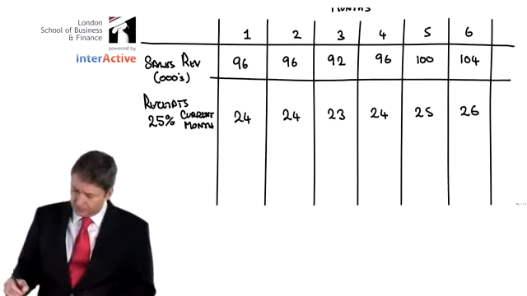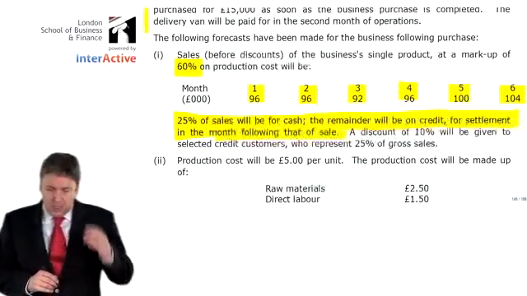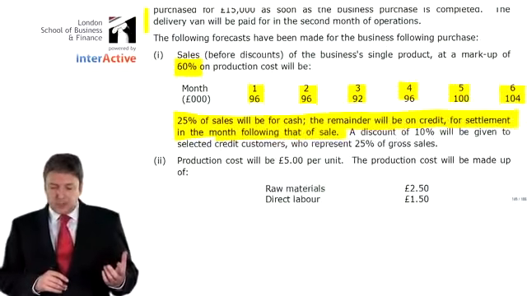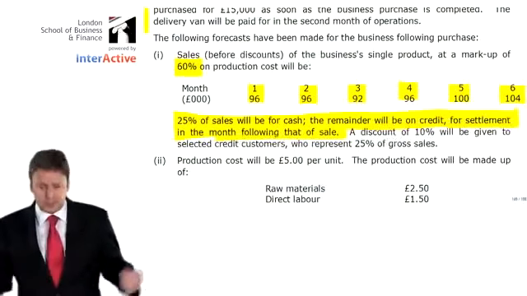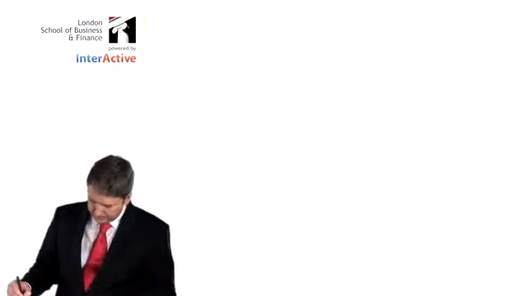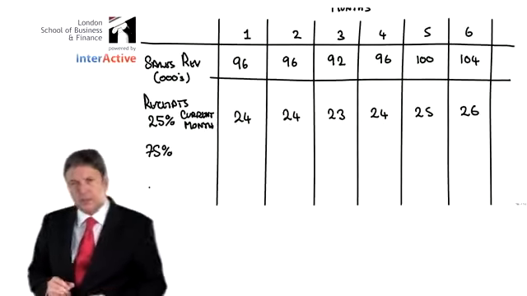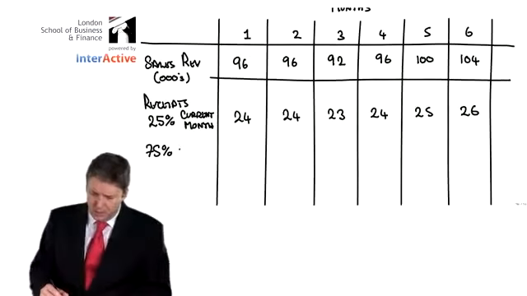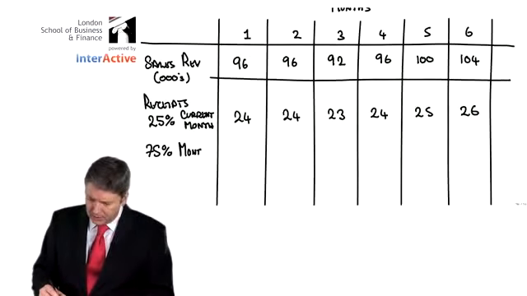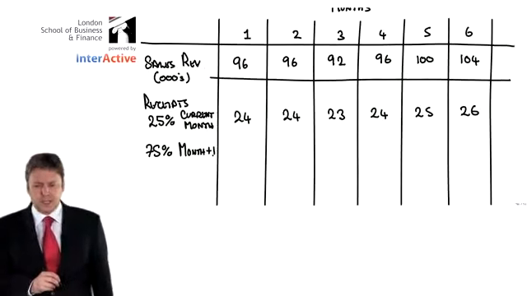What else are we told? Going back to the question, the remainder will be on credit for settlement in the month following that of sale. Oh, shouldn't be too difficult. So, 75% will be, well, if they're on credit, they'll be 1 month later, won't they? I just call this month plus 1, yeah? And I suppose what I'm suggesting is this.